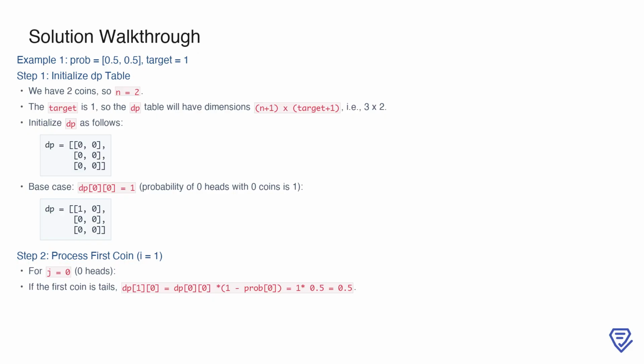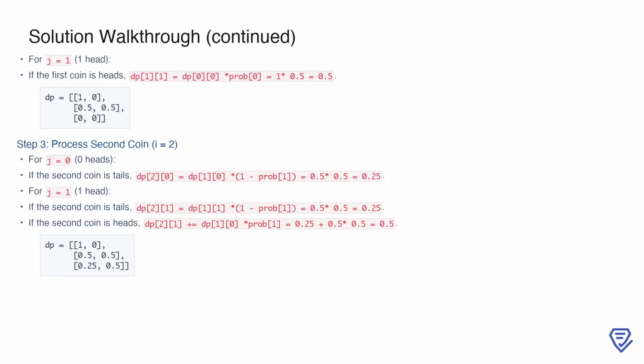Now, we process the first coin. When considering 0 heads, if the first coin is tails, the probability is given by dp[1][0] equals dp[0][0] * (1 - prob[0]). Substituting the values, we find dp[1][0] equals 1 * 0.5, which equals 0.5. For the first coin, we now calculate the probability of getting one head.